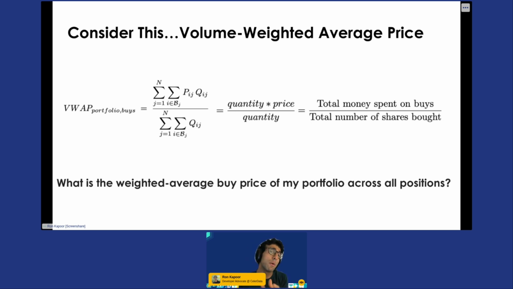So this is not VWAP on a market or any short positions. Let's just consider the volume weighted average execution price on the buys for every security on all the portfolios. So very simplified example, but realistically going from left to right, I'm asking, what is the total money I spent on my buys, dividing that by the total number of shares I bought. That's basically the question I'm asking.